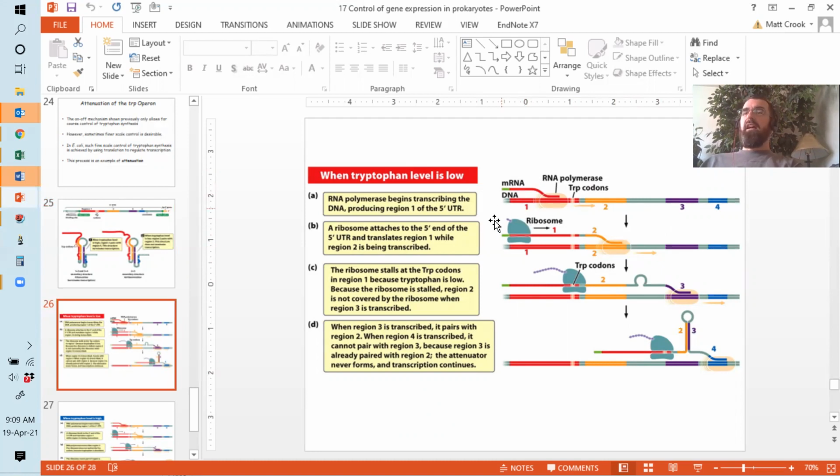And that ribosome and the polymerase move along at the same rate, more or less. And so region 2 isn't transcribed yet as the ribosome starts translating region 1.